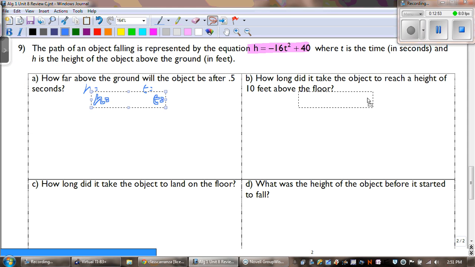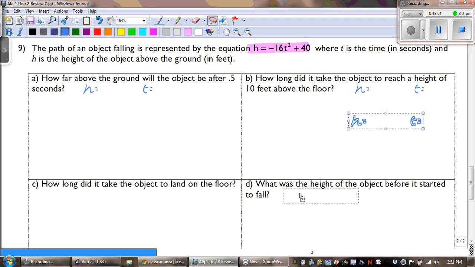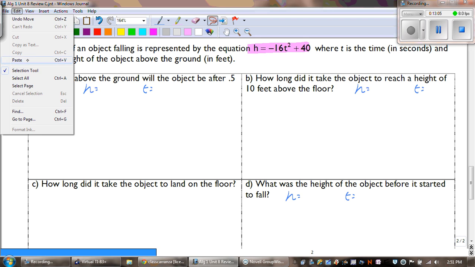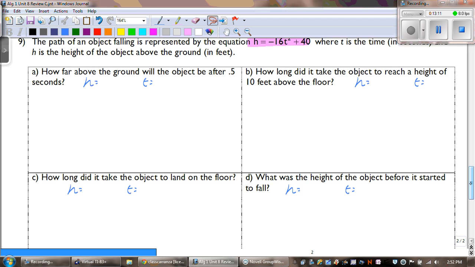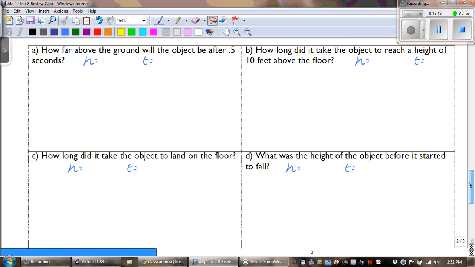So for each one of these, I'm just going to put this in here because I need to know that that's what I'm looking for.